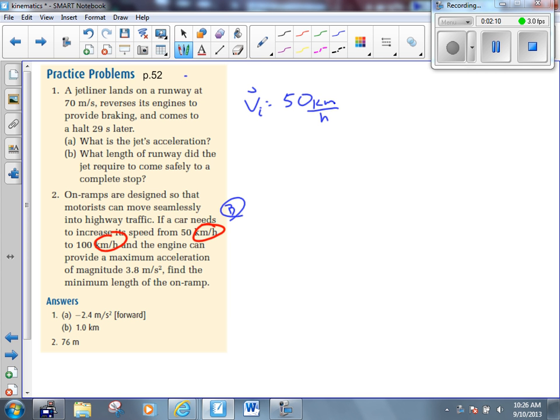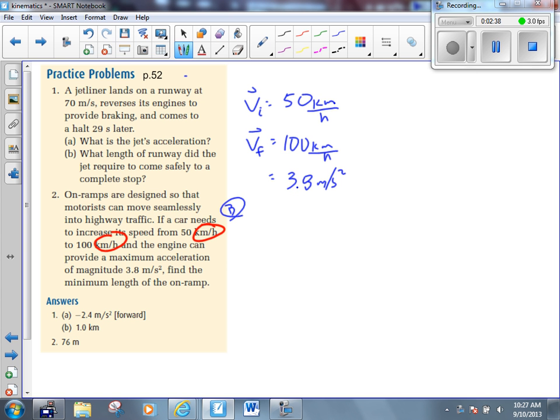It's going to be the initial velocity, VI, because that's how fast the car is moving at the beginning of the problem, before anything's happened. We get 100 kilometers per hour here, which is going to be VF. And we got something that's 3.8 meters per second squared. Tell me what that is, please.